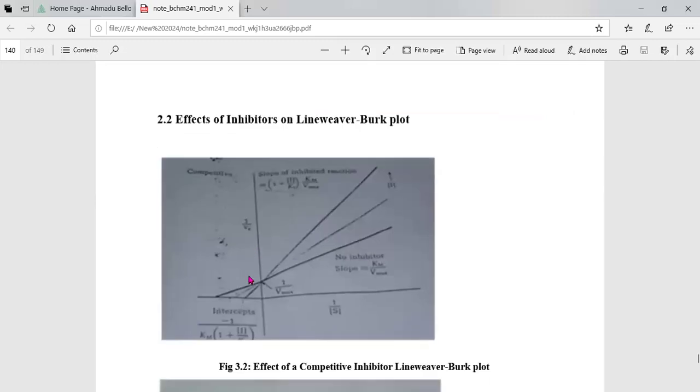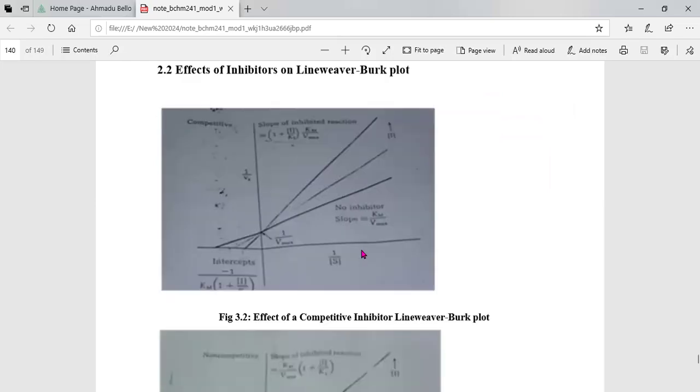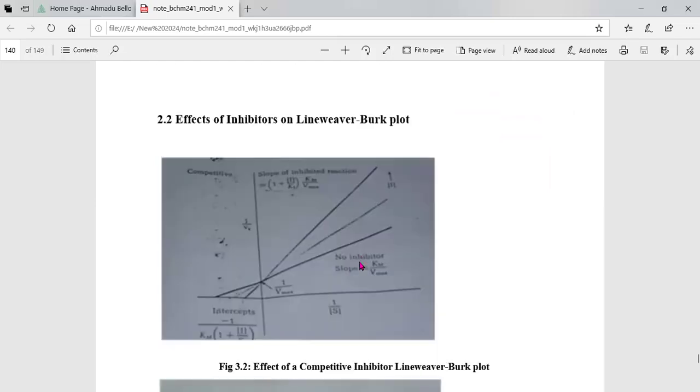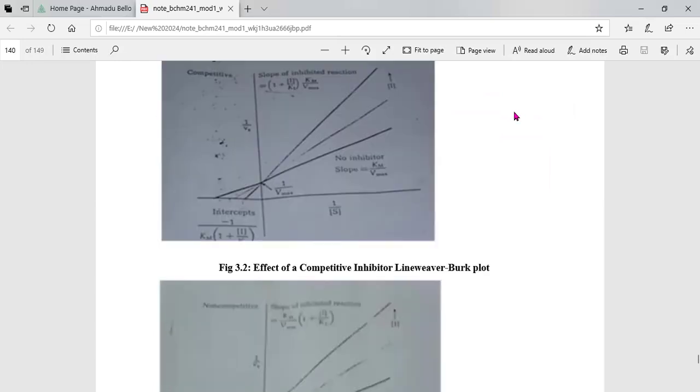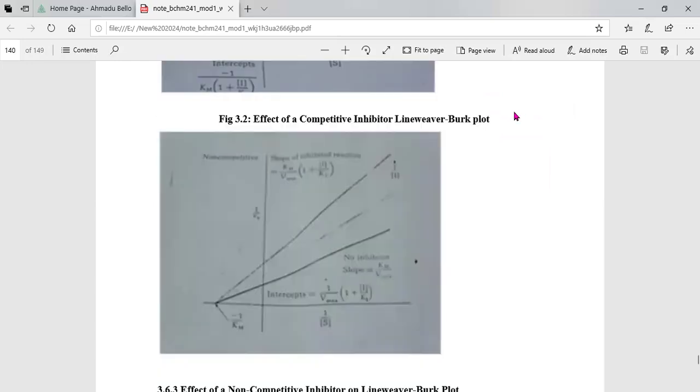If we look at the effect of these inhibitors on the Lineweaver-Burk plot, we know the Lineweaver-Burk plot is also called the double reciprocal plot, right?